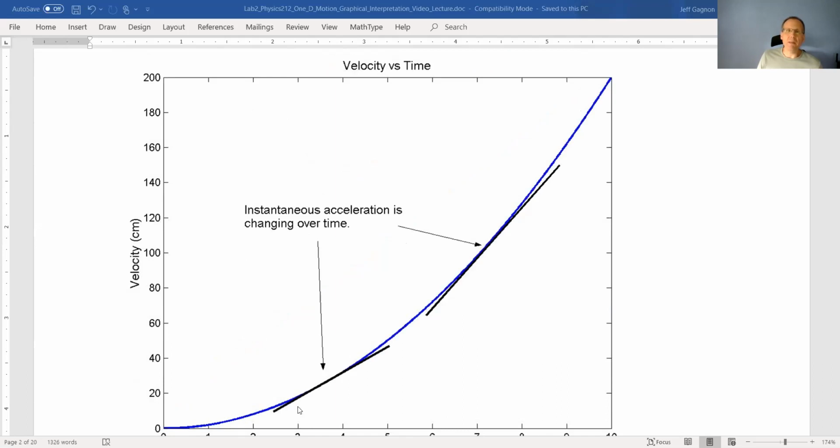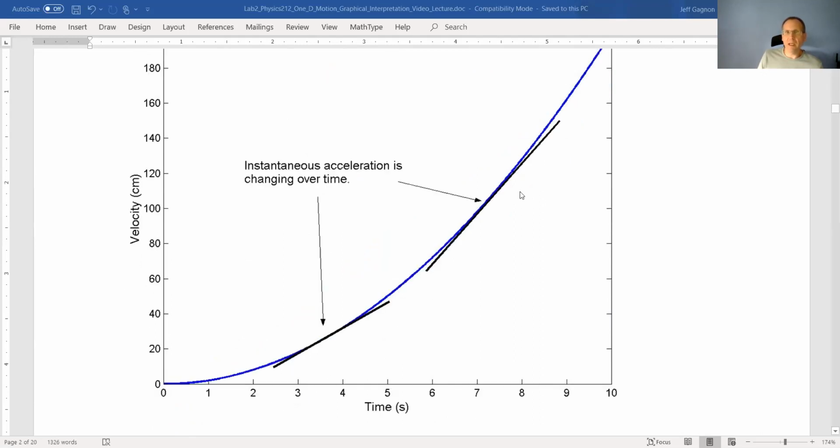What does that mean? The slope of this tangent line would be the instantaneous acceleration at this time, and this would be the instantaneous acceleration at this time. The acceleration itself is changing, actually increasing in this case. But at least in this lab, we're just going to deal with constant accelerated motion.